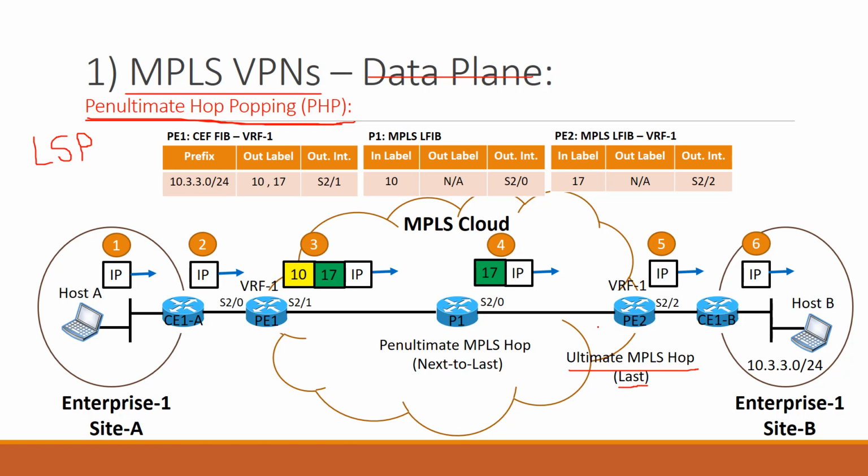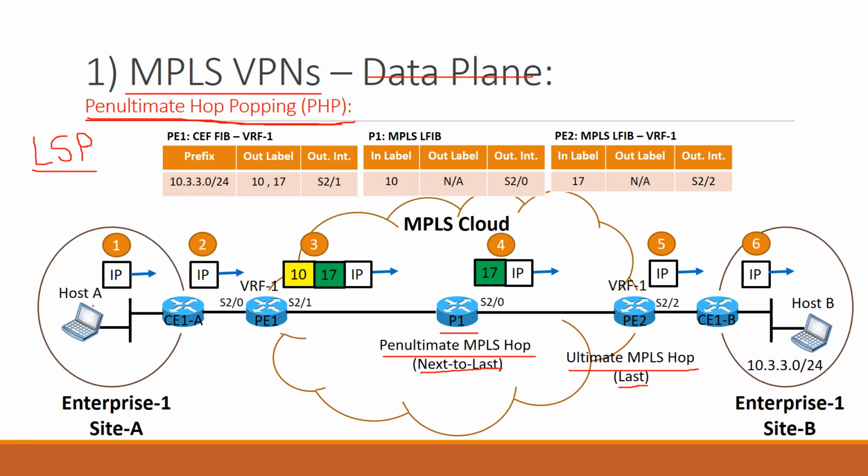The label switch router before this provider edge or this last hop, which is P1 if it was chosen, will be called the penultimate MPLS hop, and its description is next to the last, based on the label switched path to this specific prefix.